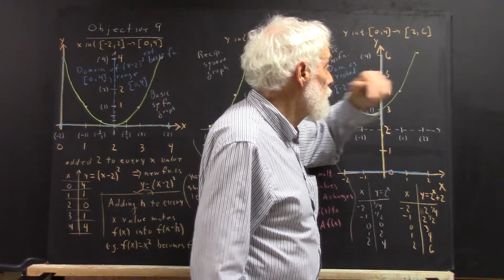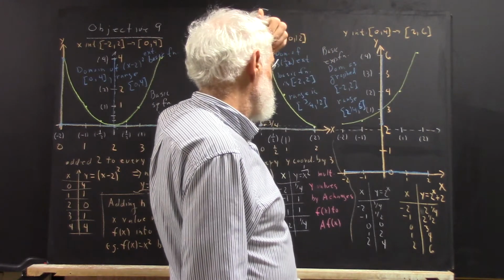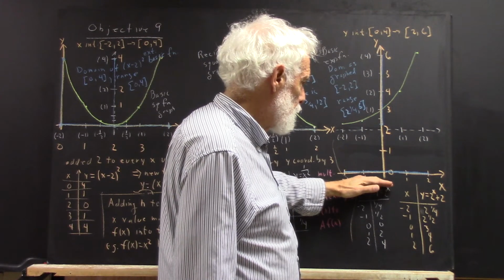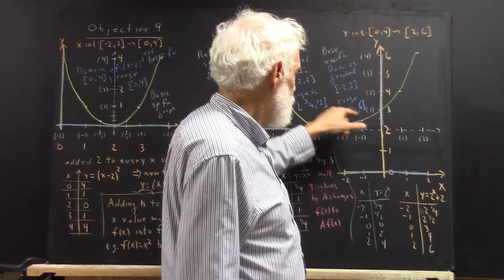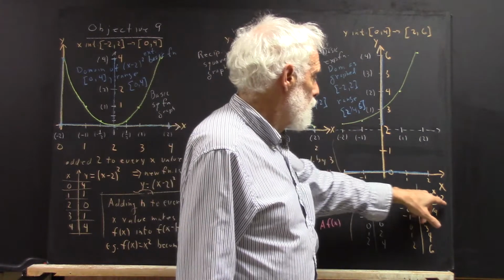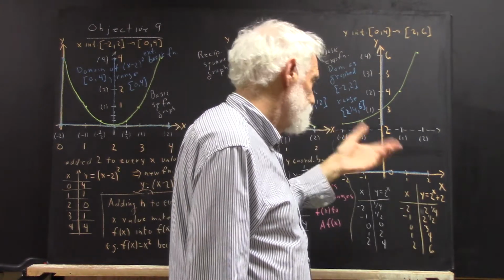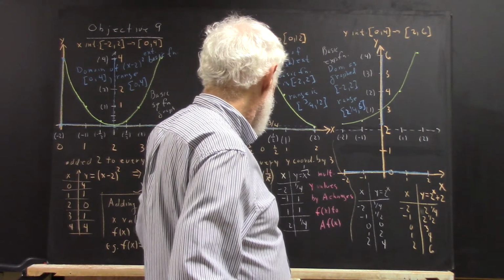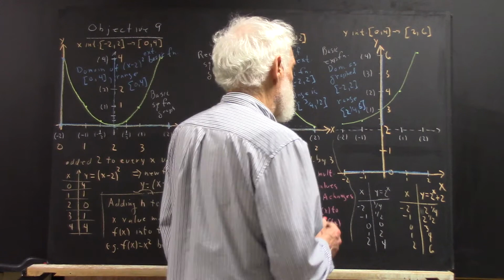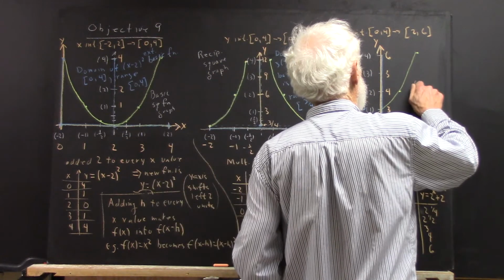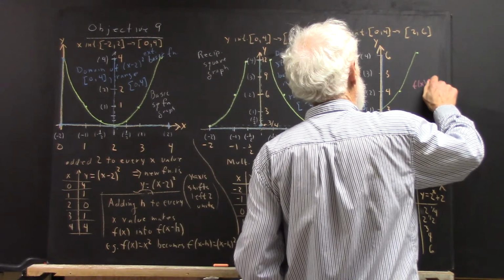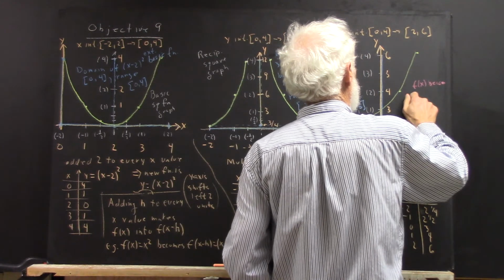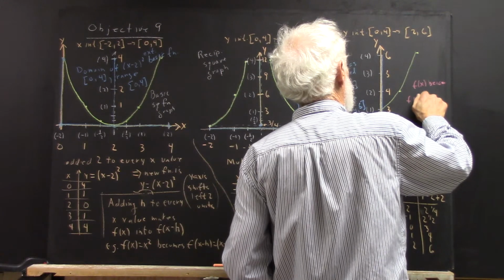If you change the y interval, it's going to change the position of the x-axis. It's going to have the effect you see here. It's going to shift the x-axis. It's going to shift the y values. f of x becomes f of x plus k.